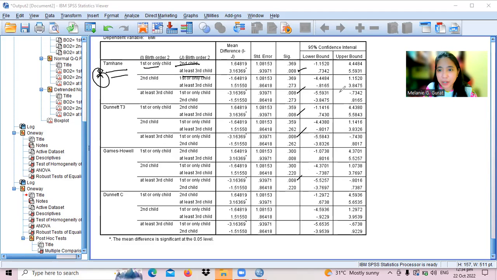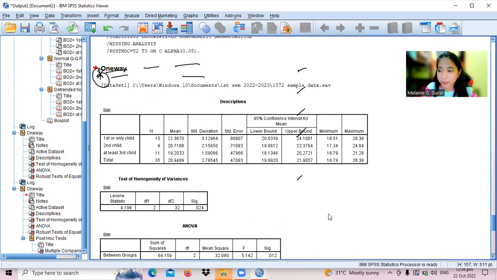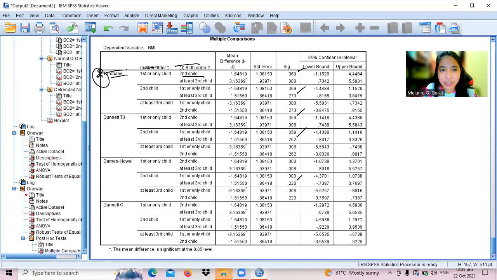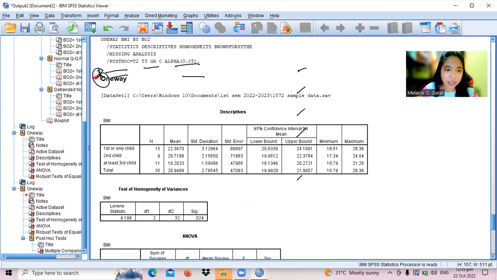So going back to our descriptive statistics result, the highest value is the BMI of the first or only child, followed by the second child, and the last one is at least the third child. So we found that the result is only significant when we compare the first and at least the third child.